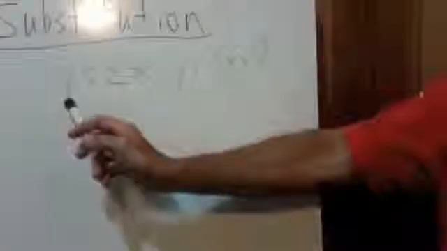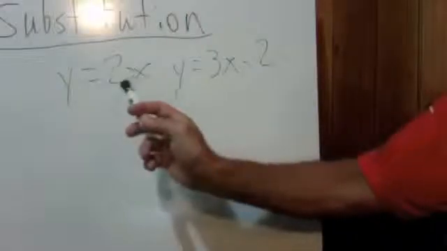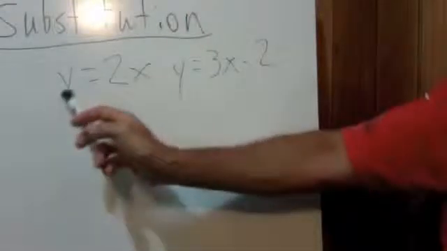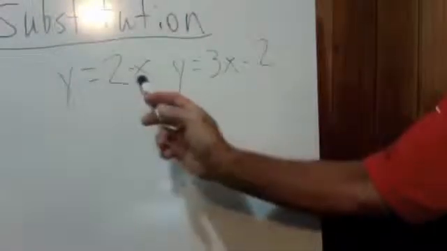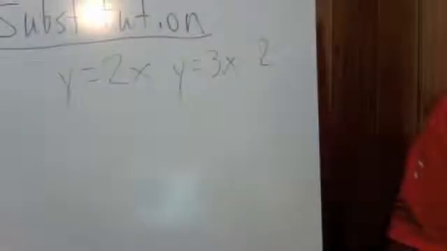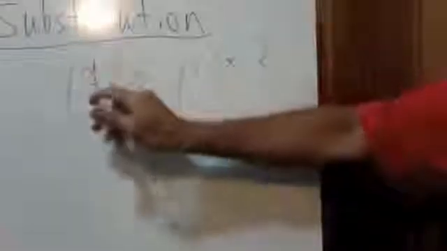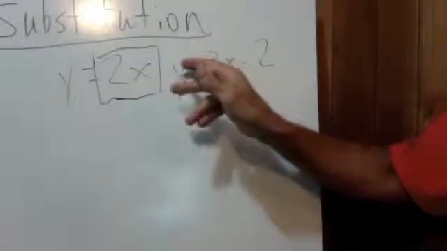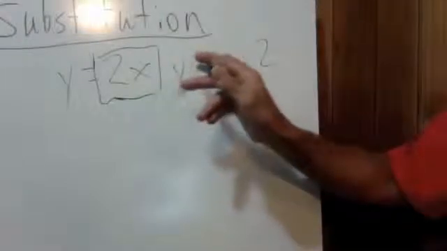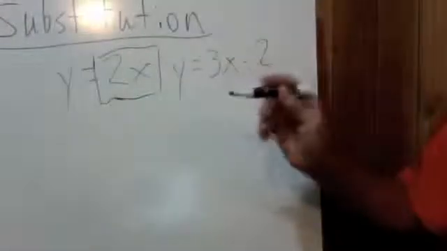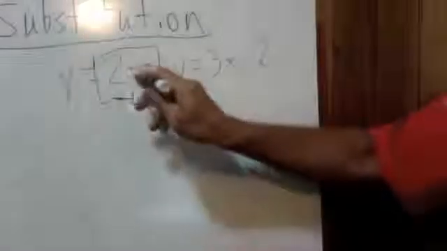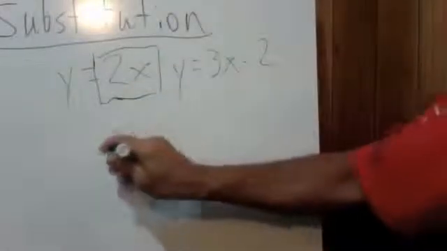What this equation is saying, y equals 2x, means everywhere I see y, I could substitute 2x. It's exactly the same thing. So that's what I'm going to do. I'm going to put 2x in for y right here. And the great value in doing that is it simplifies our equation down to just one unknown.